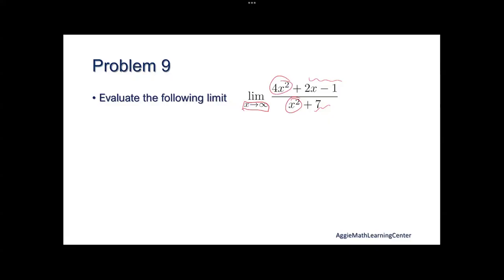And once you approach infinity squared, some other infinity over here and a -1 are also not going to do much for you. So the terms we want to worry about are 4x squared over x squared. And if you notice, this term cancels with that term, that cancels with that term. So the limit as x approaches infinity of this should be 4.